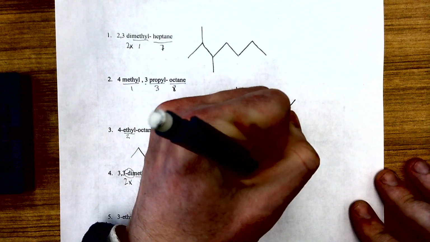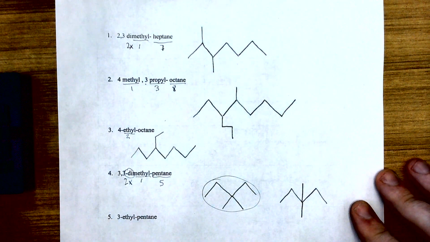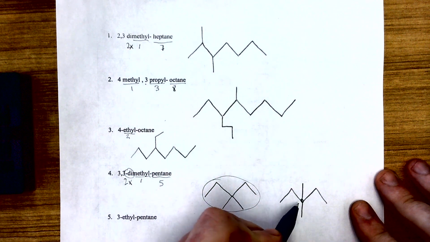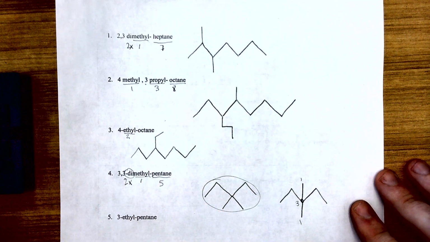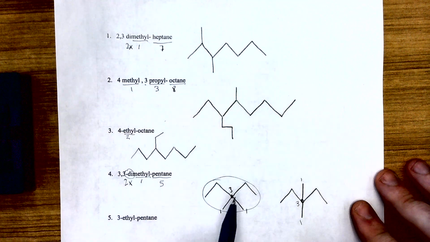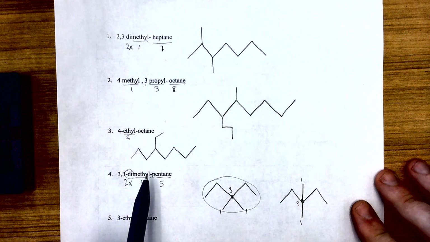And so you can draw it like this. There's nothing wrong with that drawing in my class. All you need, 3rd carbon, and you need 2 1 carbon long chains coming out of it. Right? This and this both satisfy the name.